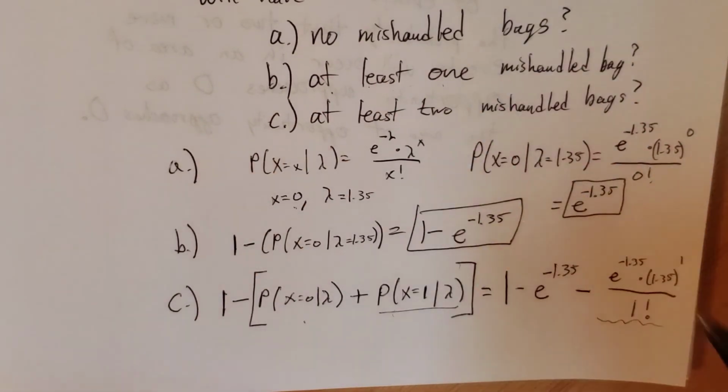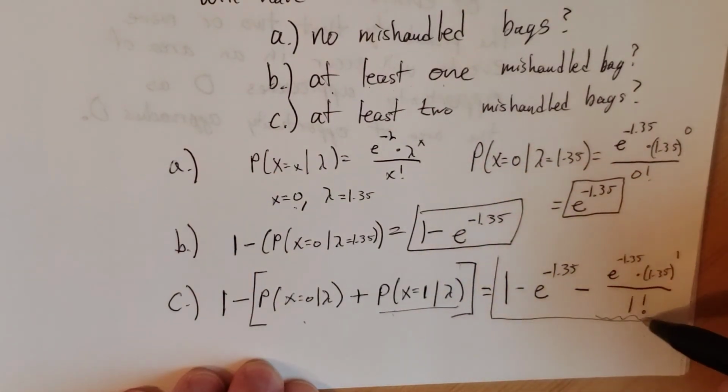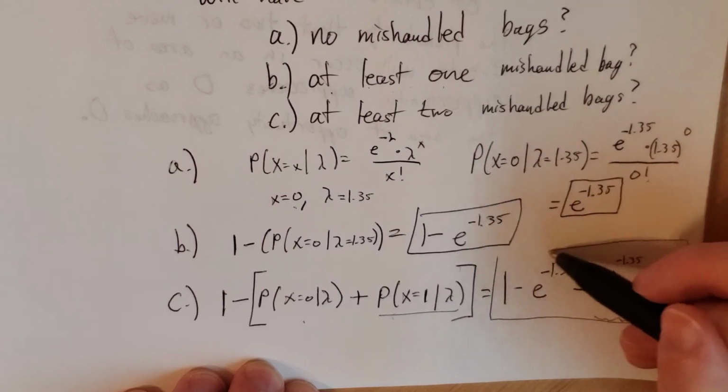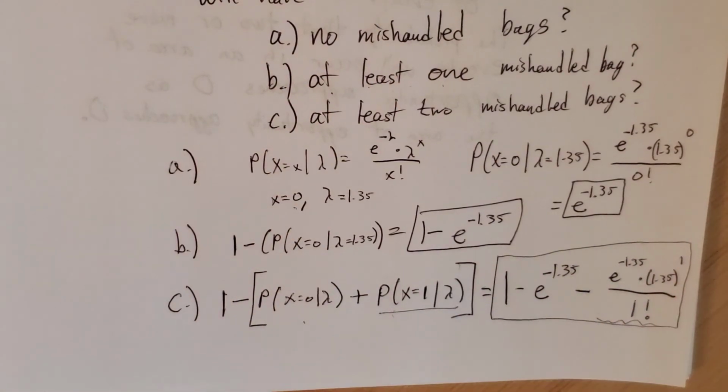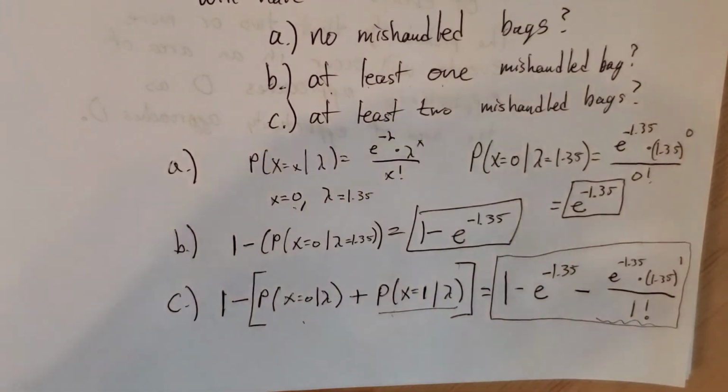All right, and this is our solution here. And of course, if you're plugging that into some assignment, then go ahead and calculate those decimals. But for here, this answer is fine. All right, and that will be the end of this video.